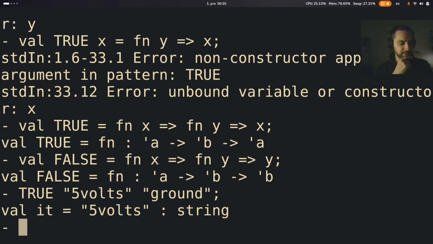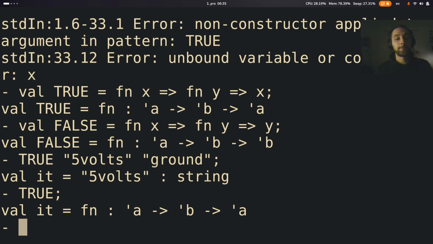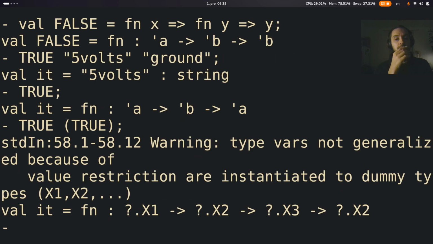And the not operator, what does it do? So we have true, and we have true, true. Can we do this? True and true. Not true. Yeah, interesting.